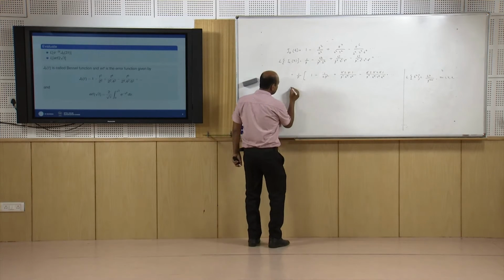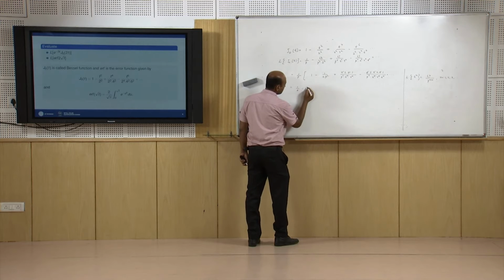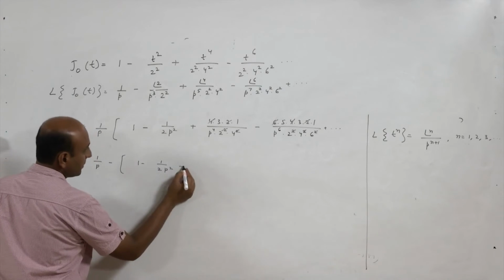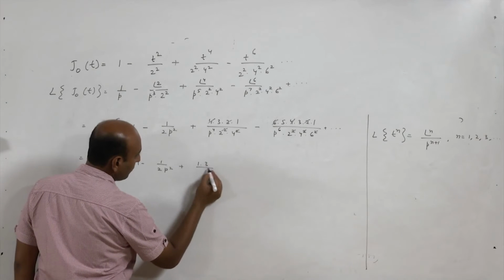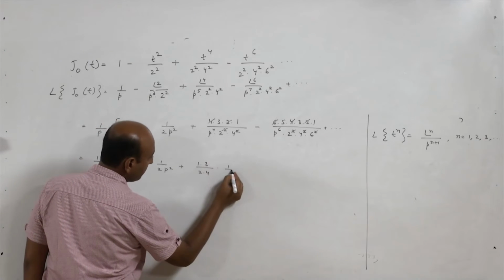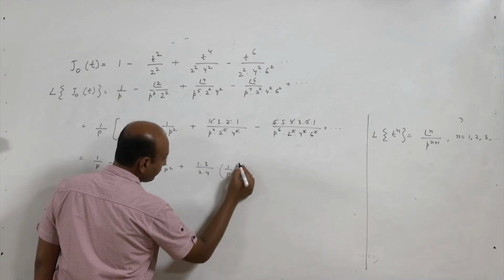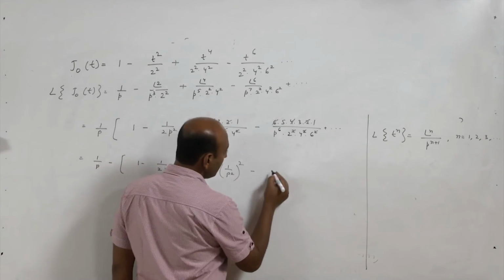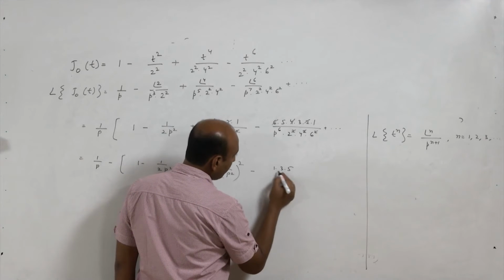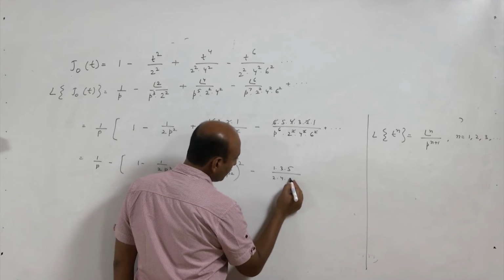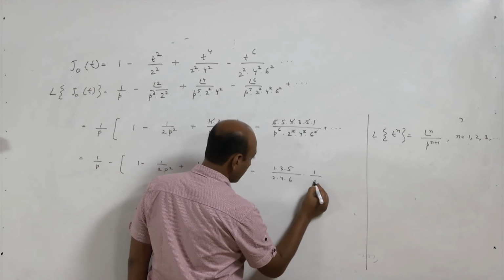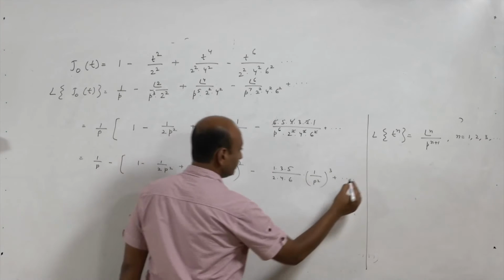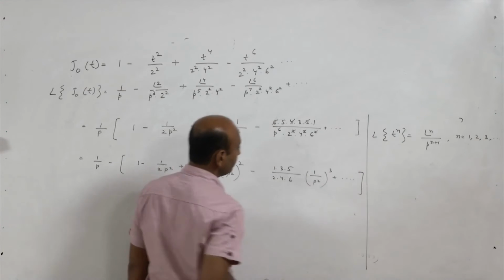That is, it is nothing but 1 by p minus 1 by 2 p square plus 1 into 3 upon 2 into 4 into 1 by p square whole square. It is nothing but minus 1 into 3 into 5 upon 2 into 4 into 6 into 1 by p square whole cube and so on. Okay.